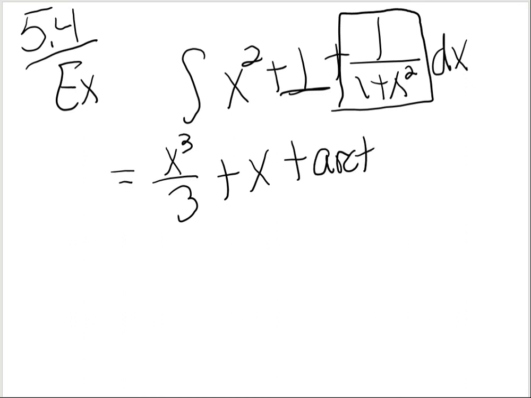It's arctan. Remember the inverse tangent function? And then we need plus c. Because the derivative of the inverse tangent is 1 over 1 plus x squared. So that's it for indefinite integrals.